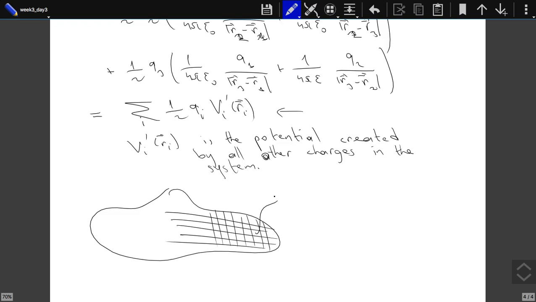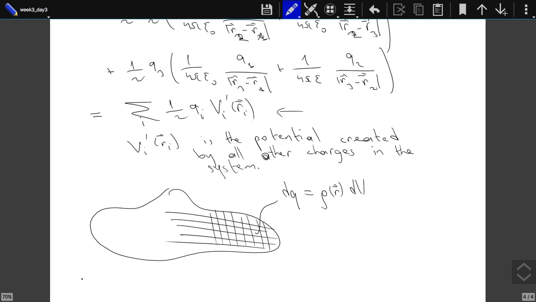Here the charge will be nothing but rho at the position of that bit multiplied by its volume, and the summation over all the i's, all these different bits, will be nothing but the summation over all these possible positions. But that summation is what we call the integration.